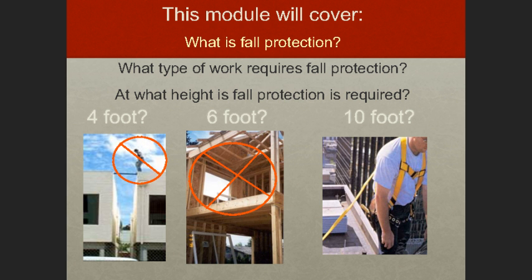And one of the important things I believe you should note as we move through this is that every company can make fall protection requirements more stringent if they deem that appropriate. And so that's one of the issues that I see a lot of throughout all kinds of industries. And so what I'm going to do is present you with the OSHA requirements on certain fall protection standards, and then you can make up your own mind in how you go about addressing the fall protection issue.